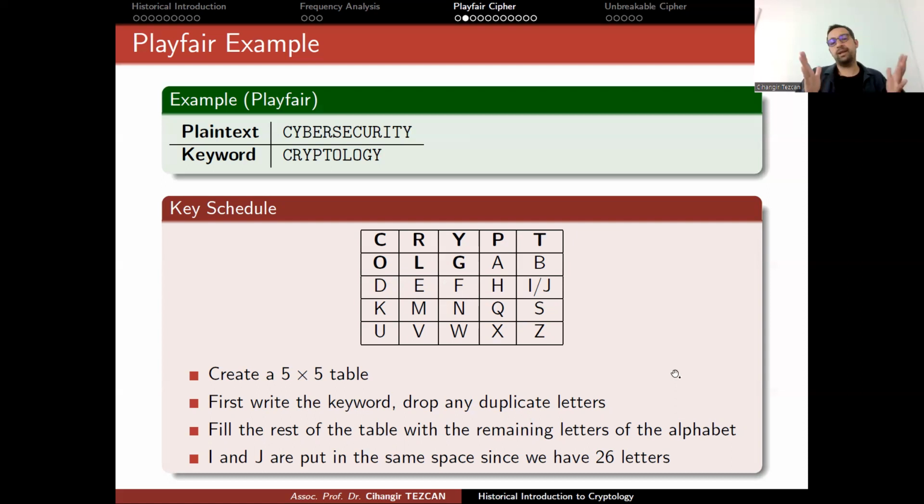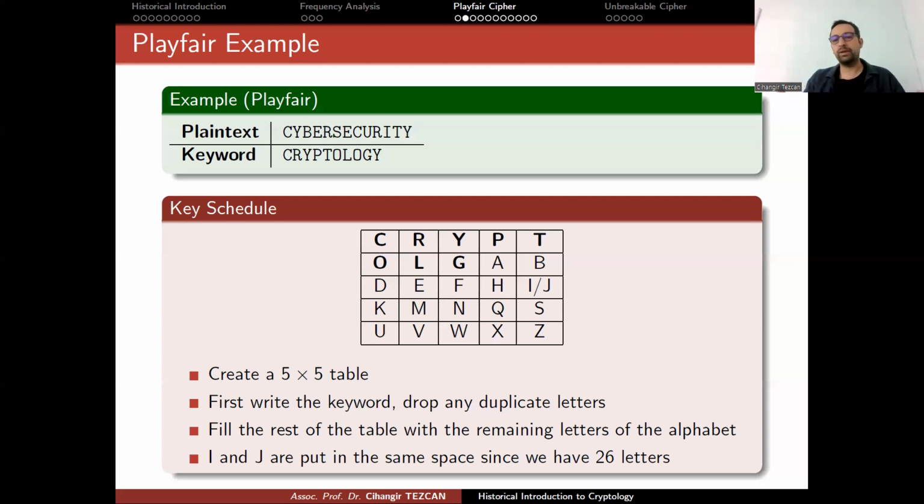The problem is that the English alphabet has 26 letters, but here I have 25 places. The letter J does not appear much in English, so this is why you put I and J in the same place. When you decrypt back, the person decrypting has to decide if the letter is I or J, depending on the context. But it is very easy to do.